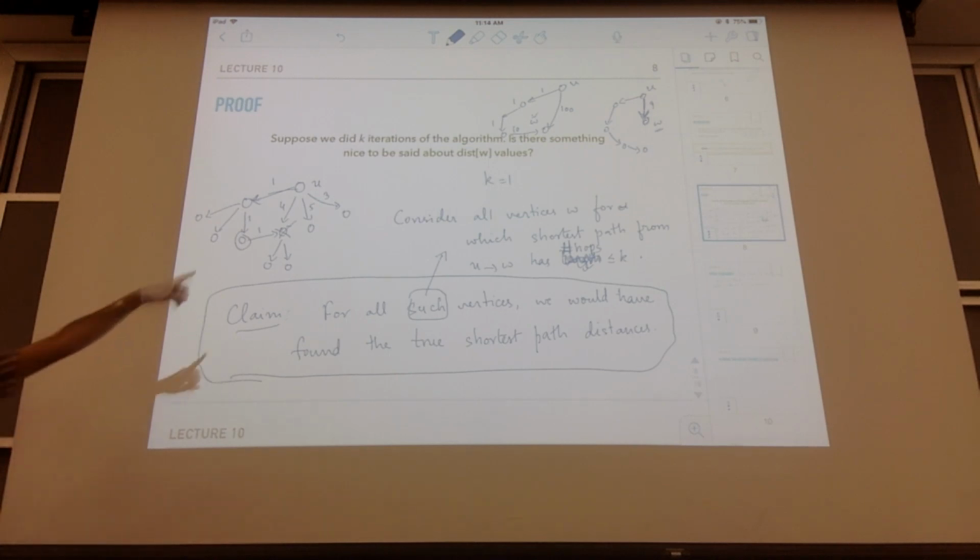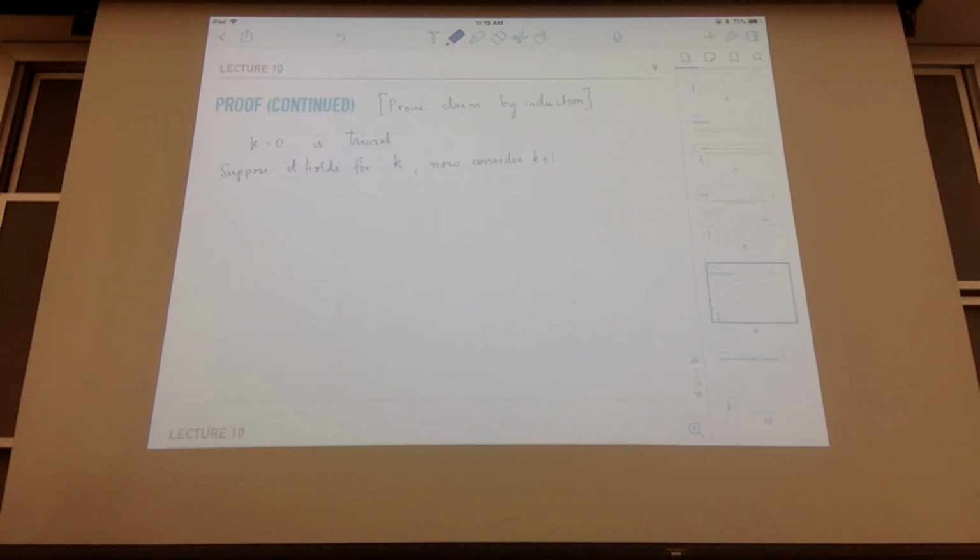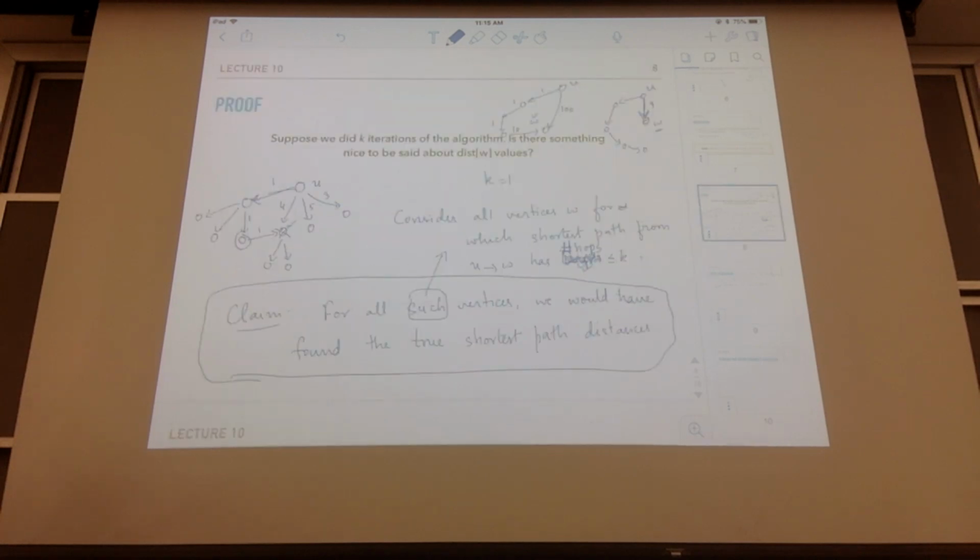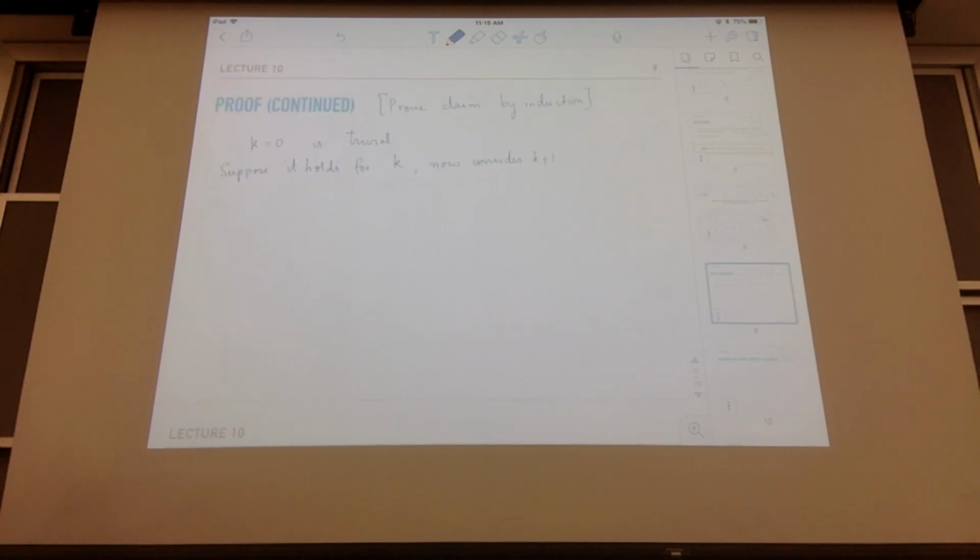So I want to consider all W for which the shortest path from U to W has number of hops less than or equal to k. And for those vertices, this is our inductive assumption, right? That you have the right shortest path.